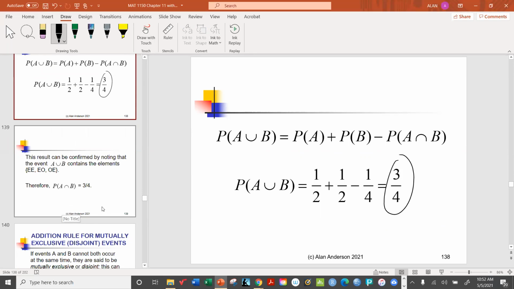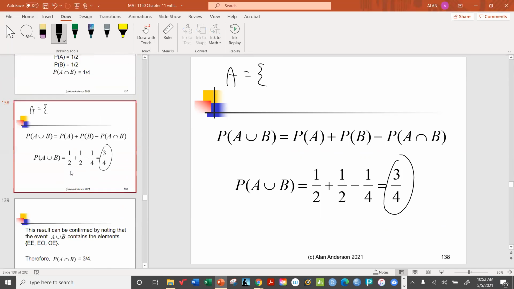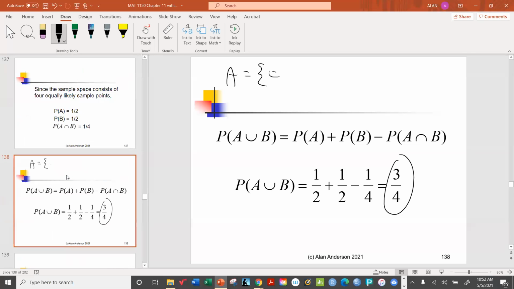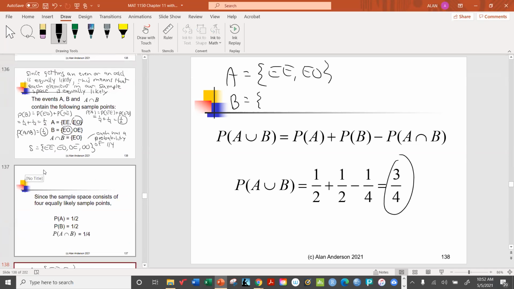All right, so if you recall, remember A was EE and EO, and then B was EO and OE.